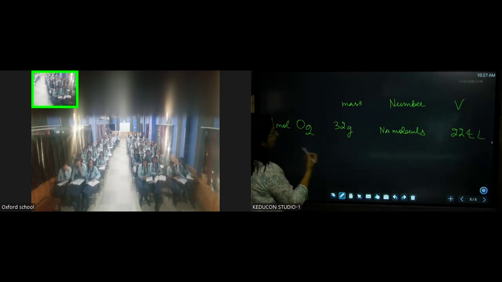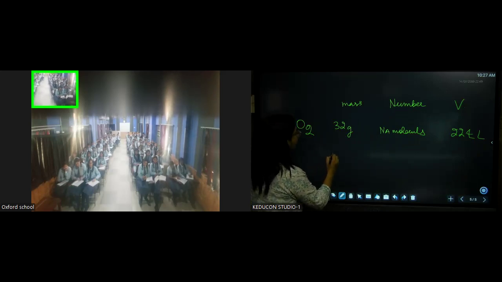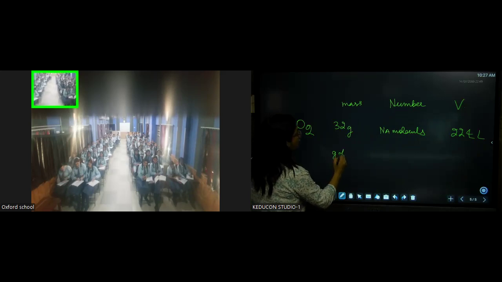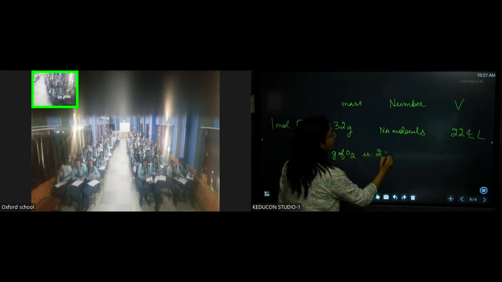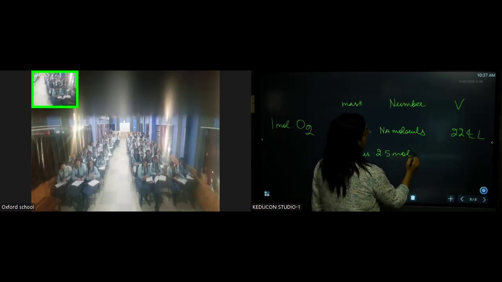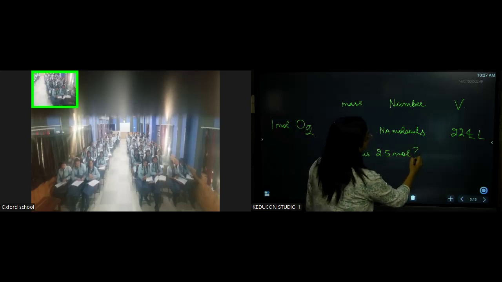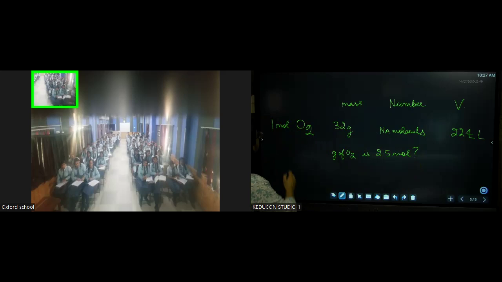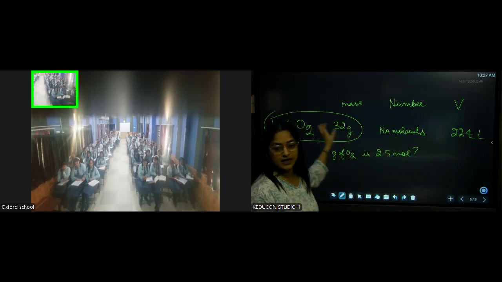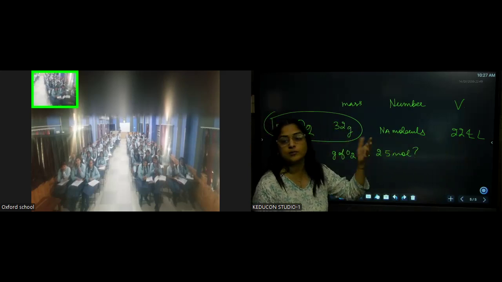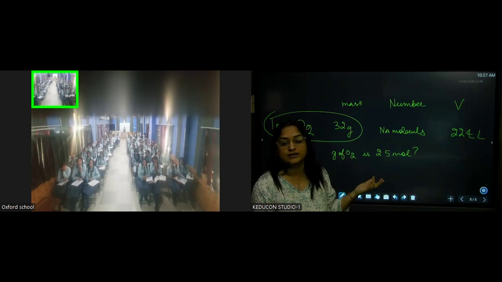Like if they ask how many grams of oxygen is present in 2.5 mole, right? If this is my question, that means they are relating these two things. If I already write everything which is there in 1 mole of oxygen, it won't be difficult for me to interpret what they are asking.